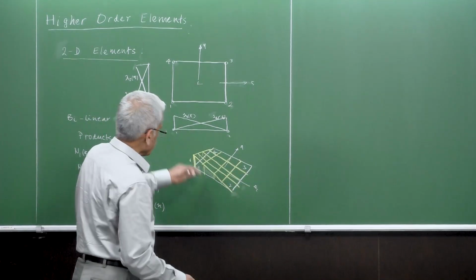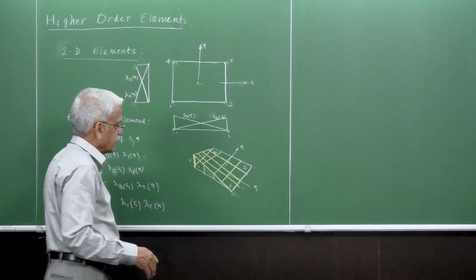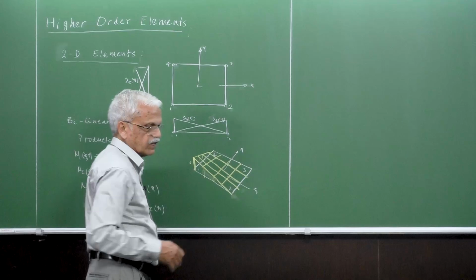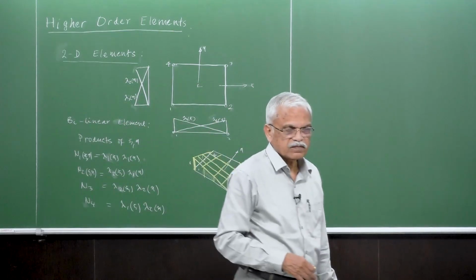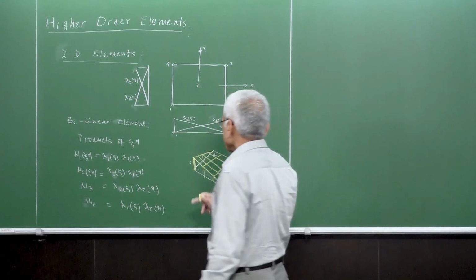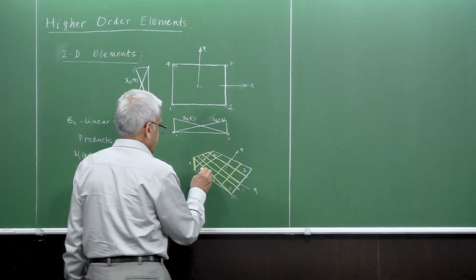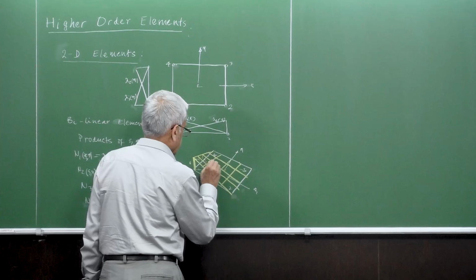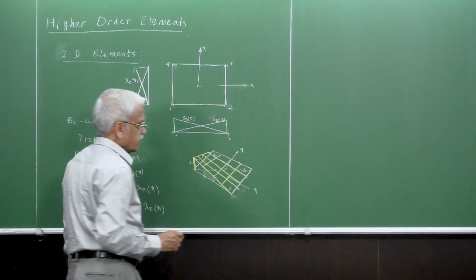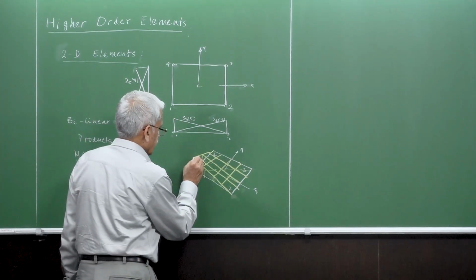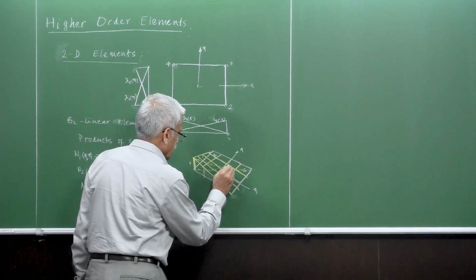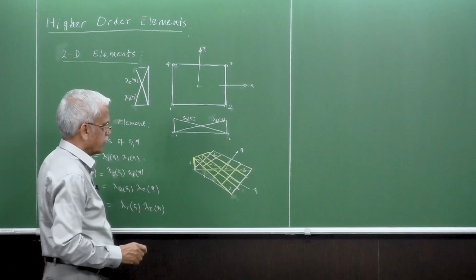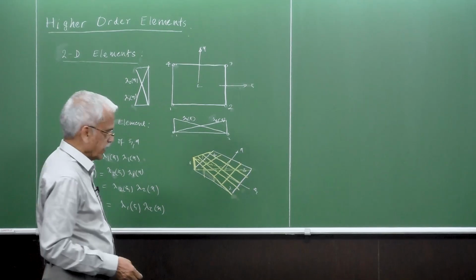You can see that it varies linearly in the x and y directions, and if you take any other direction it may not vary linearly. In the sense that if you go along the diagonal here, then it will have a quadratic variation. Okay, I hope you can get the picture, right?